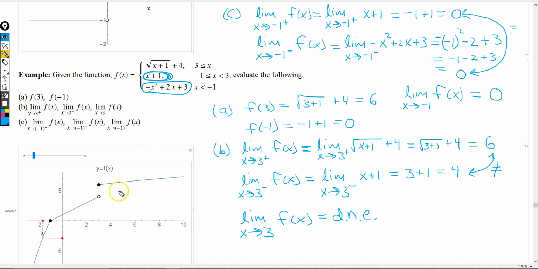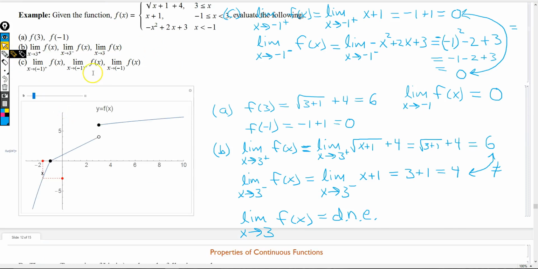Now, let's take a look at this graphically just to verify what we've done over here. Here's the graph right over here. So as x approaches 3 from the right-hand side, notice that red dot on the y-axis. That's approaching 6, right? So we're verifying this answer.